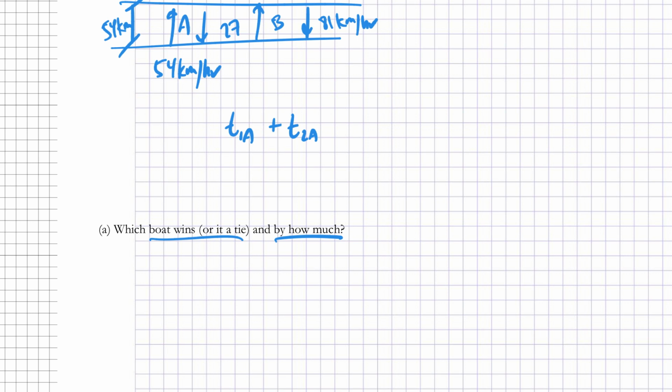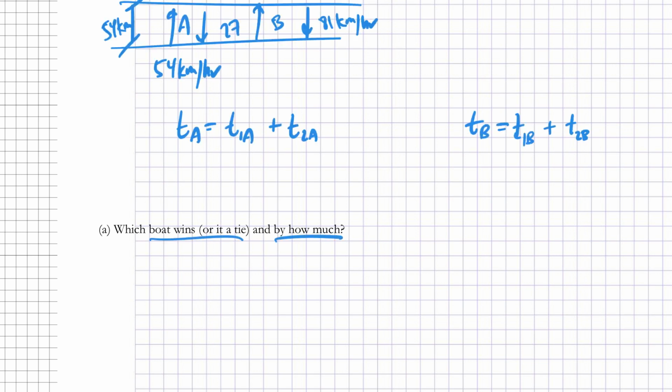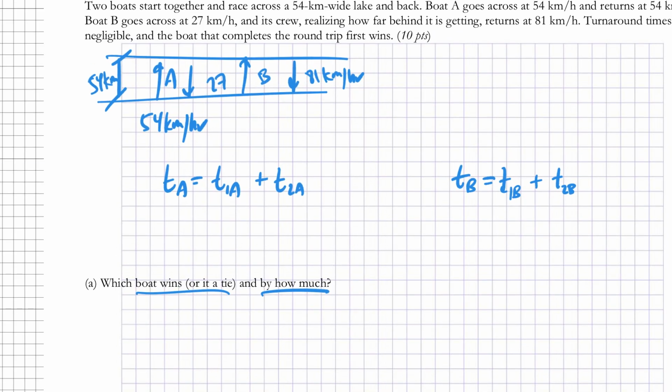T for boat B equals the time for the way there for boat B plus the time for the way back for boat B. Right, now the key here, of course, is that the times are related. So these boats are going constant speeds on the way there and constant speeds on the way back. So we can use this equation, v bar equals delta x over delta t.